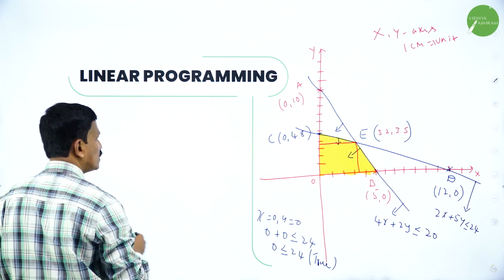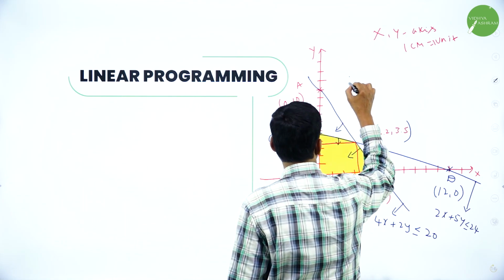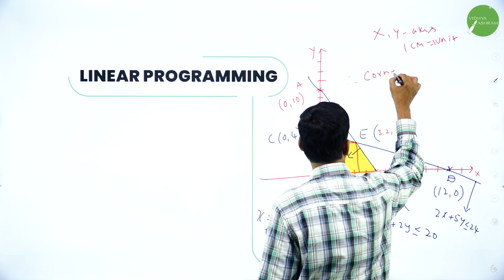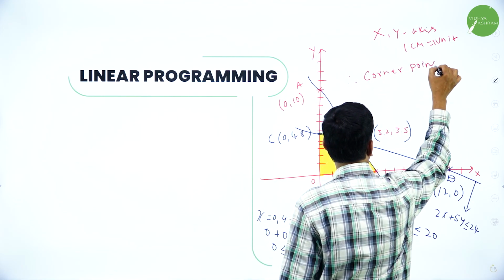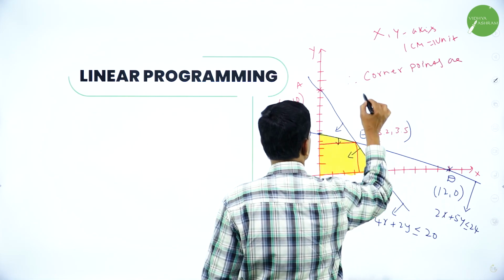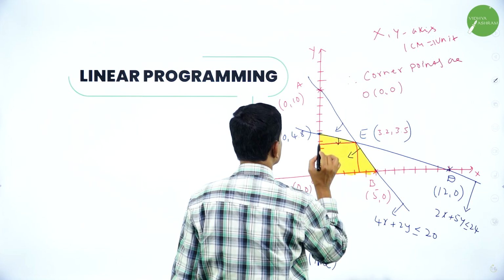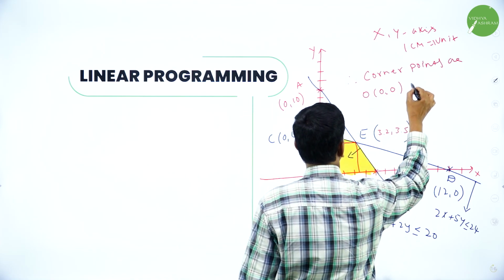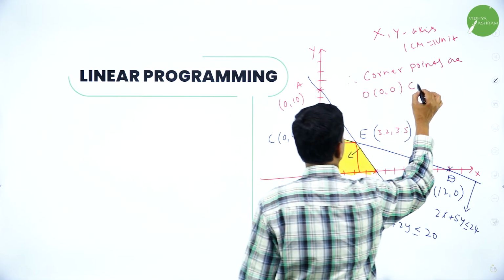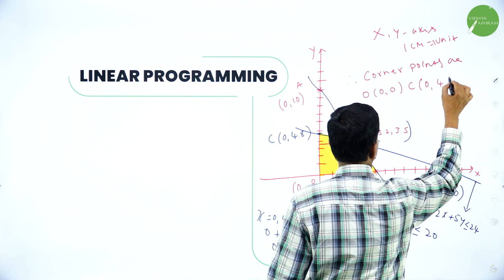So, therefore, the corner points, what are the corner points? Therefore, corner points are O, (0, 0), and then C. What is C? C is (0, 4.8).